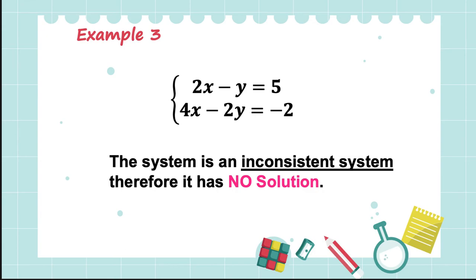So you will not be spending much of your time looking for nothing, okay? So again, for here, this one is inconsistent system, so definitely no solution. If you want to check, you can use graphing calculator, online graphing calculator, and if the graphs are parallel, therefore it has no solution. Okay?